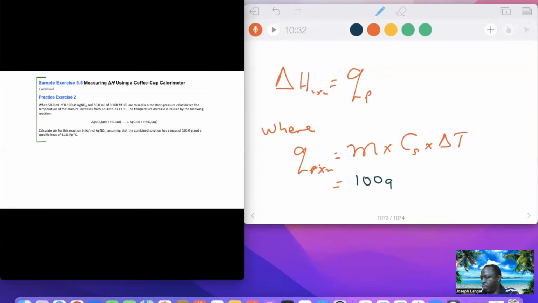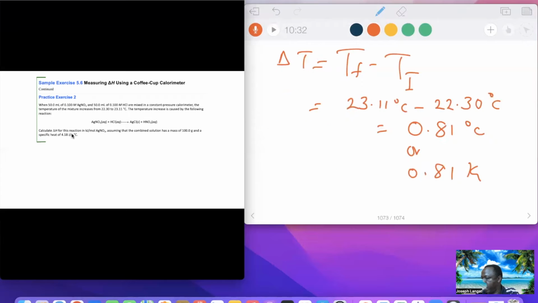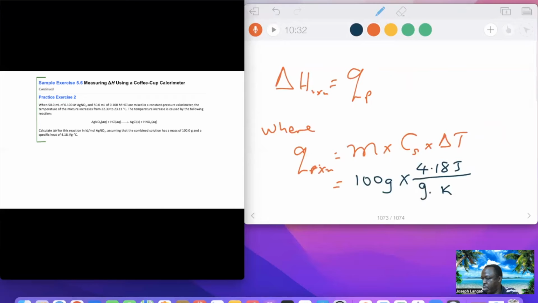If we go back here, we just plug in the values: 100 grams of solution times the specific heat, which is 4.18 joules per gram times degrees Celsius, times the change in temperature, 0.81 degrees Celsius.